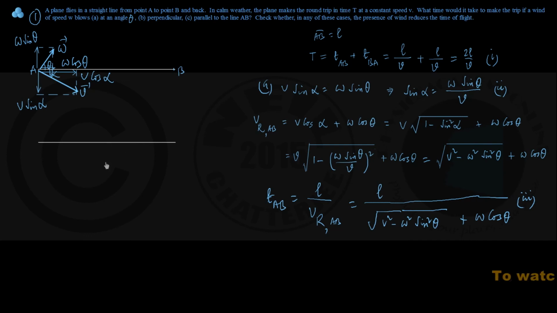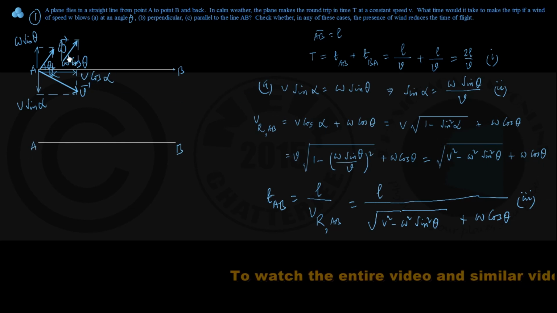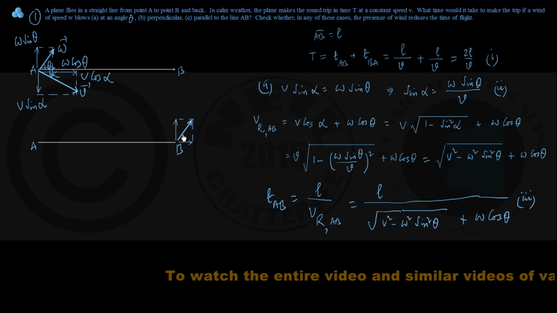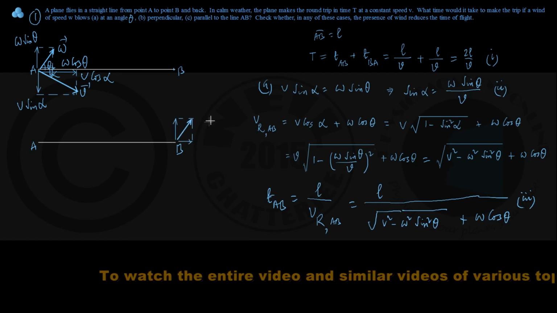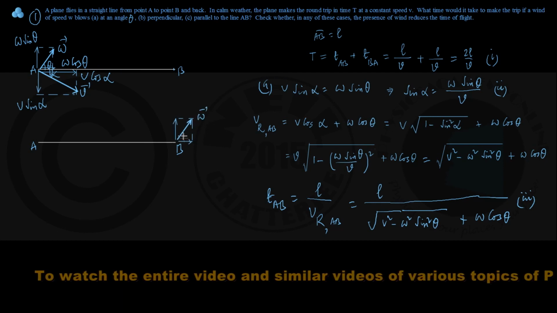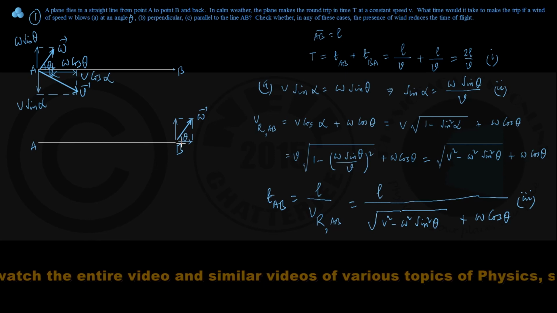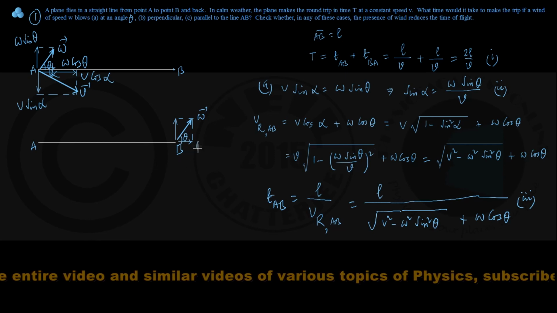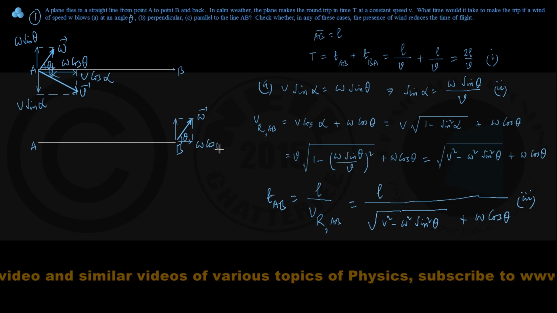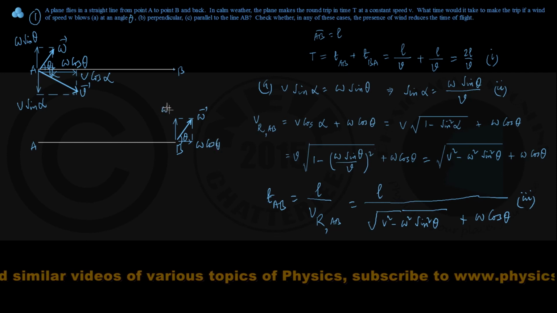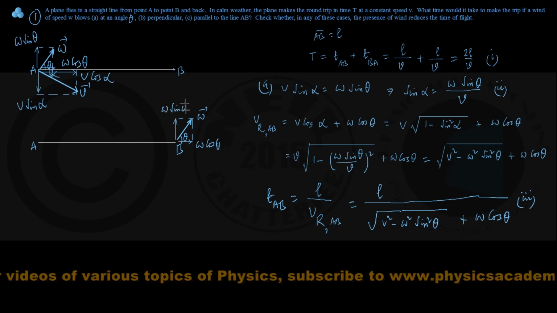And for the return trip from B to A, well, the wind direction remains unchanged as before. So I'm showing it here, the same wind velocity W at an angle of theta with AB. This component is W cos theta, and this component perpendicular to AB is W sin theta.